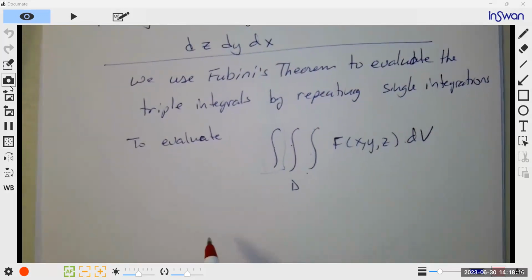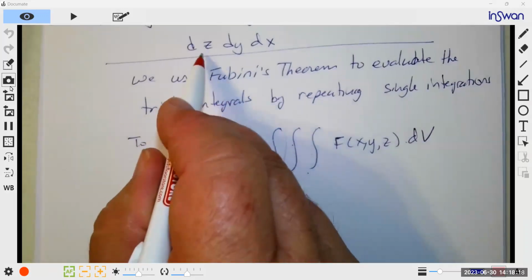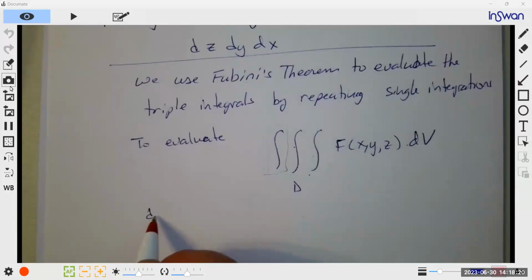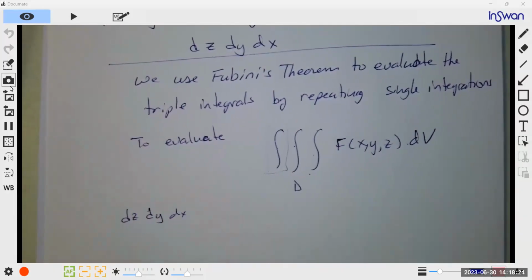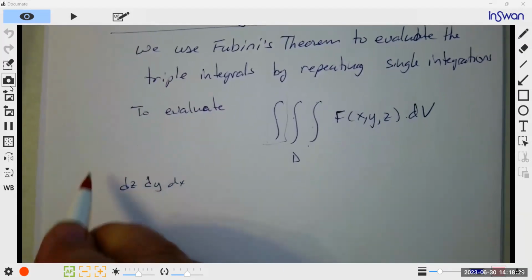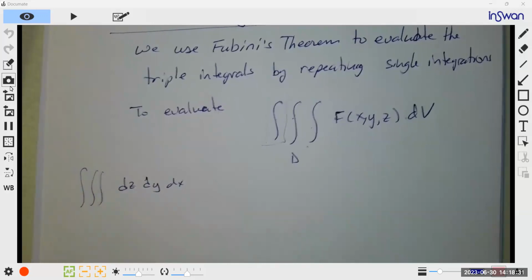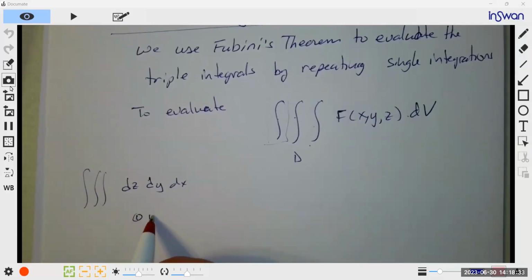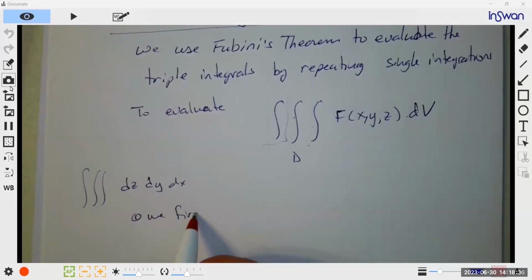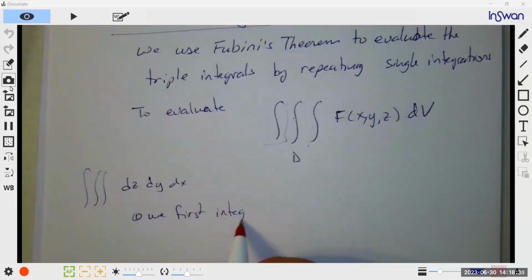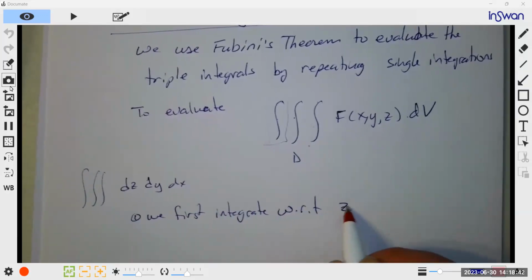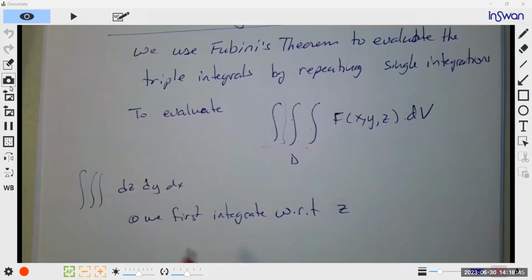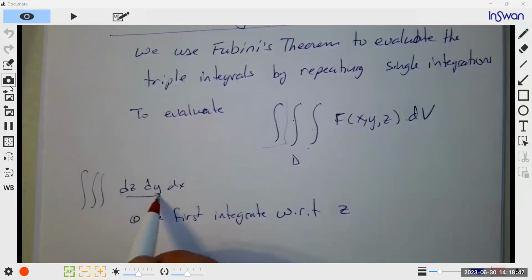Okay, so as our statement is set up, we're doing dz, dy, dx. What this says is we first integrate with respect to z, because we read this way, left to right.